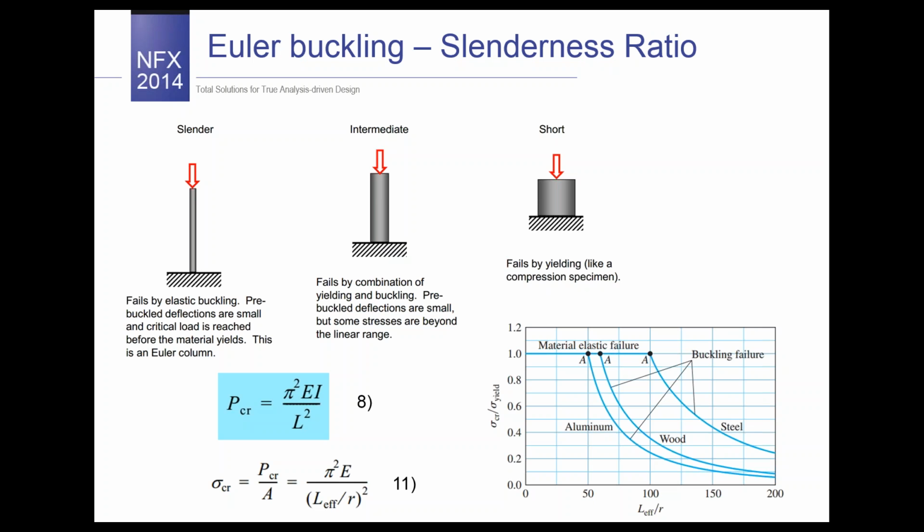For this type, the failure will be caused by elastic buckling, with additional assumptions like pre-buckle deflections are small and the critical load is reached before the material yields. The intermediate column is a combination of yielding and buckling, and the third, the short column, is designed using yield stress as the failure stress.